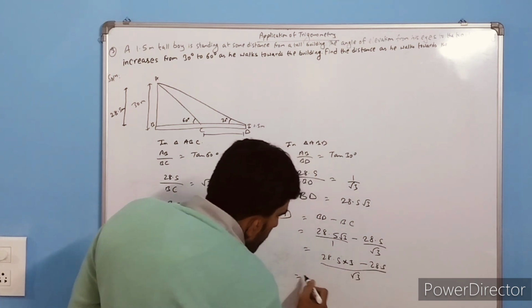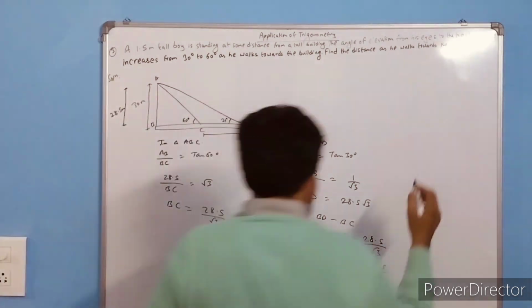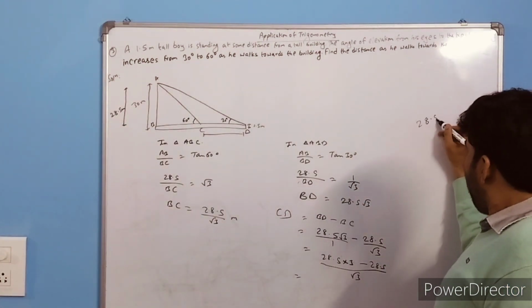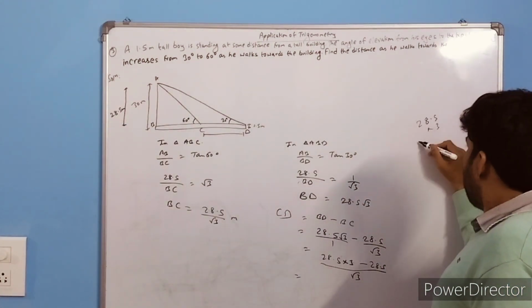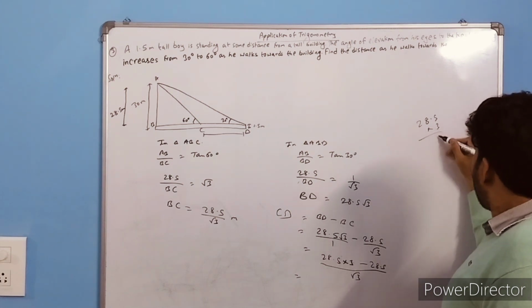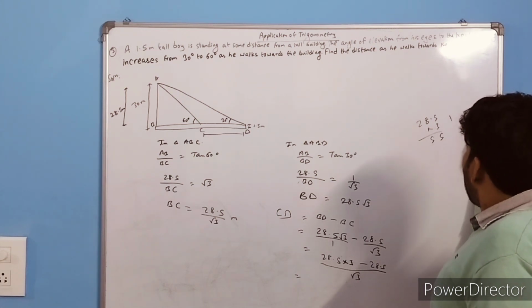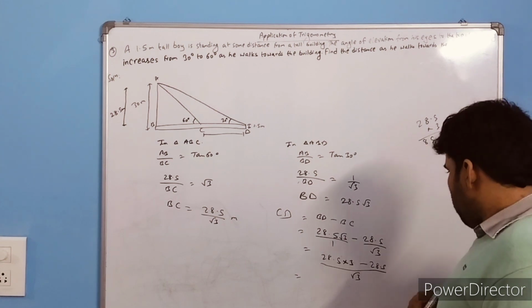Just need to multiply 28.5 into root 3 into root 3, that is 3. What is 28.5 times 3? 85.5.